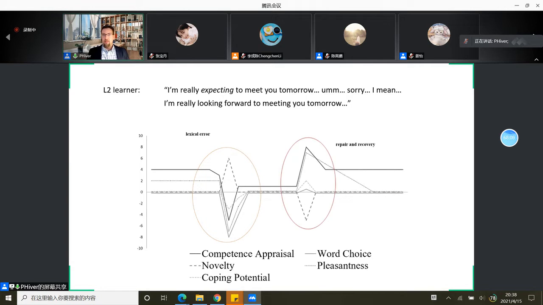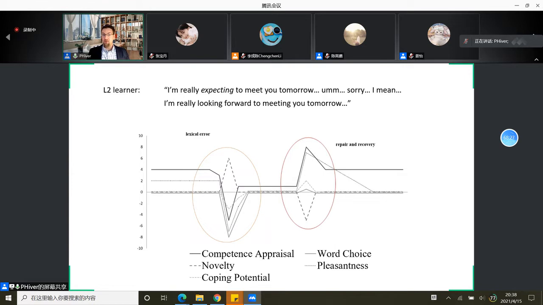In step 2, they're asked to listen or watch what they did and rate their performance. There are a variety of measures here. You can see there's competence, the novelty of a task, the coping potential, their word choice, and the pleasantness of the task.